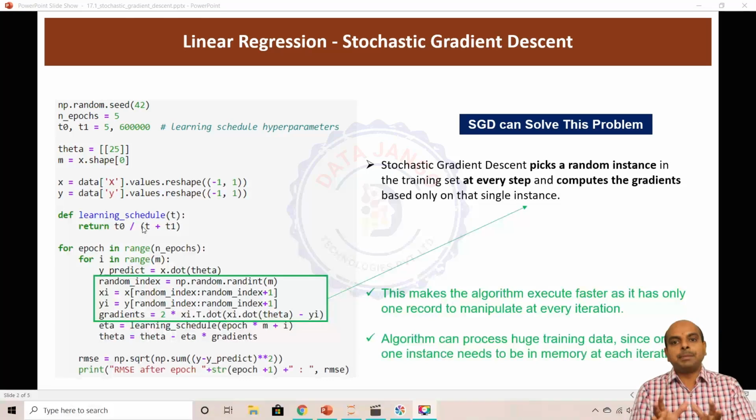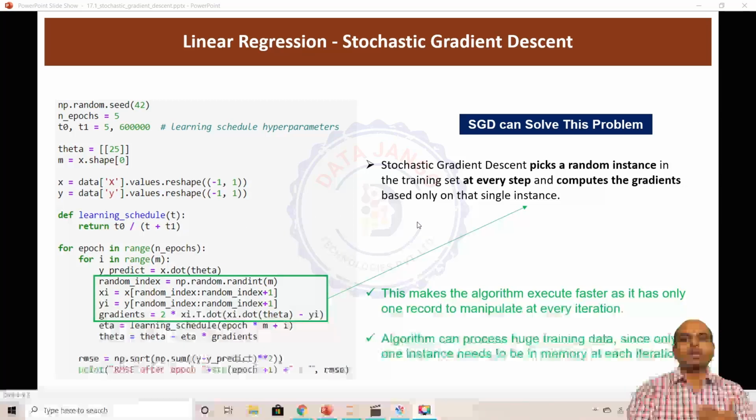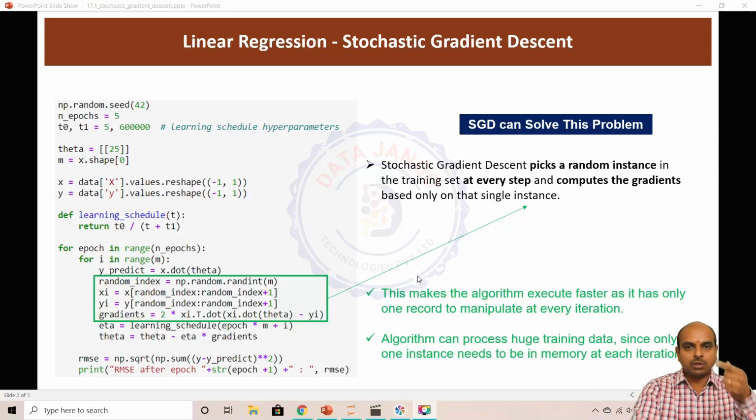To reduce the jumpy nature of the cost function, we use this learning schedule formula. As a whole, stochastic gradient descent works on huge data, and it works faster because it is working with only one record at a time.